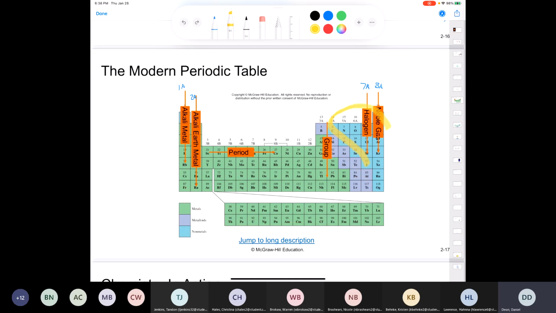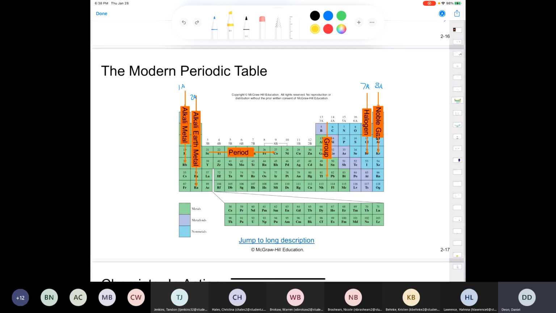Anything that's in blue here is a non-metal, and anything that's in purple here is what's called a metalloid. If you're thinking that they must be in between metals and non-metals, there's some truth to that, but metalloids react like metals some of the time and act like non-metals other times, depending on the situation.